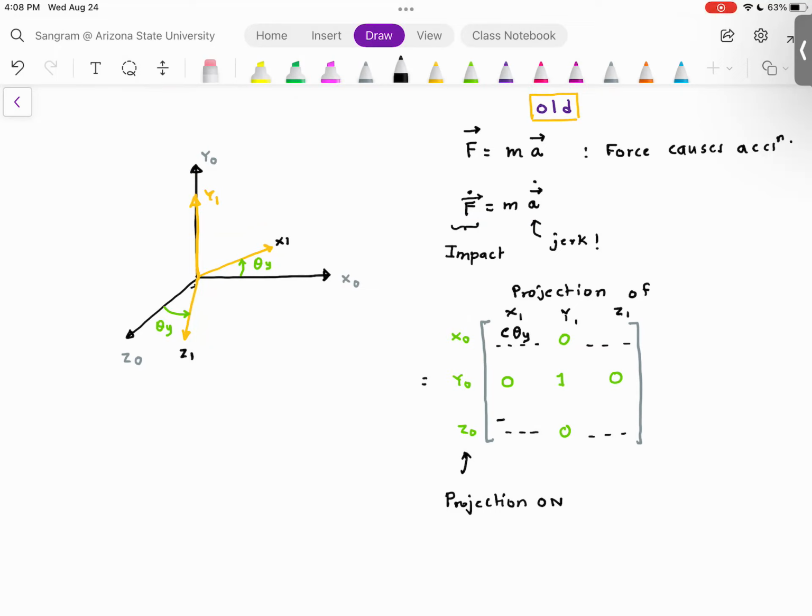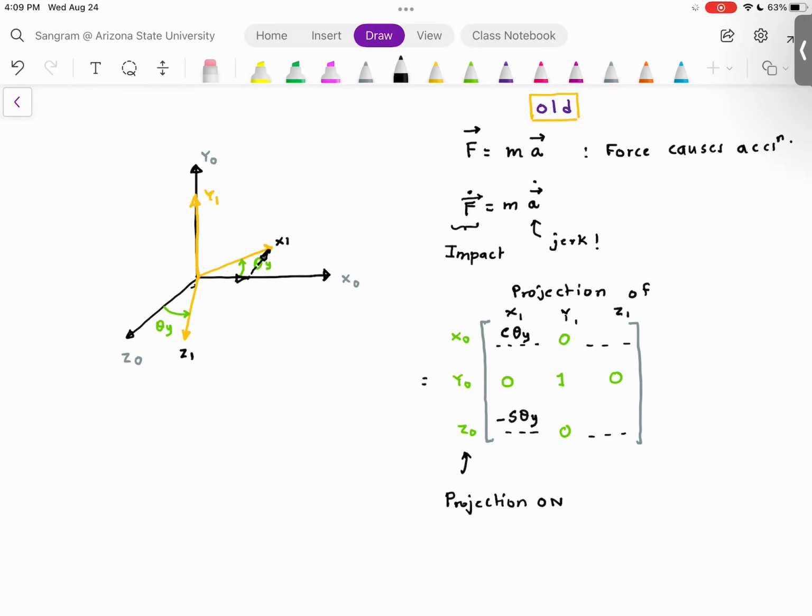If you have a little difficulty understanding, I'll draw the projection so that it will make sense. Sine theta y.